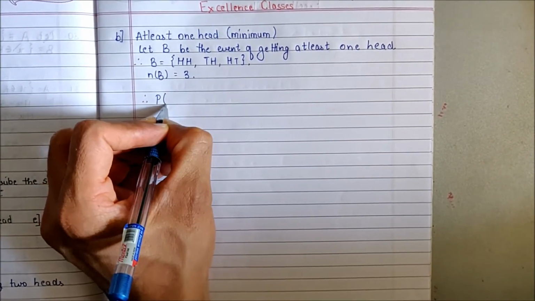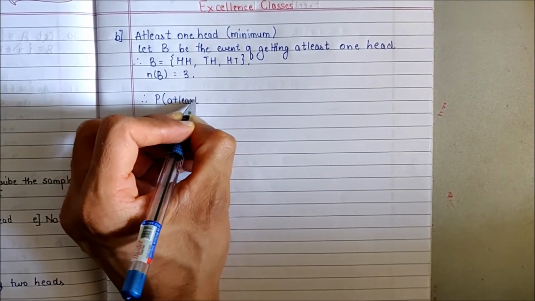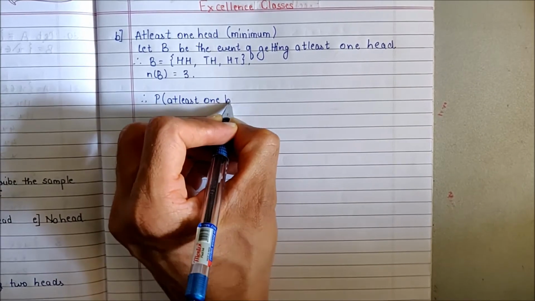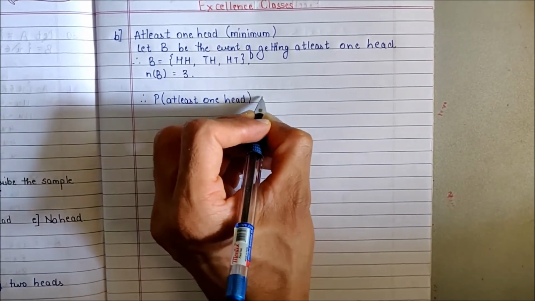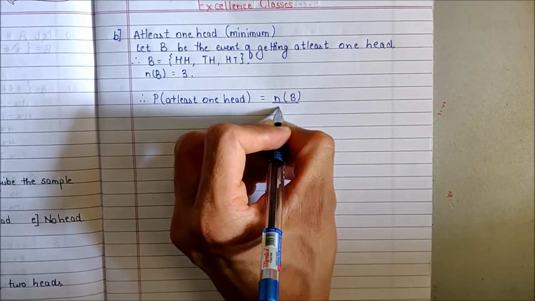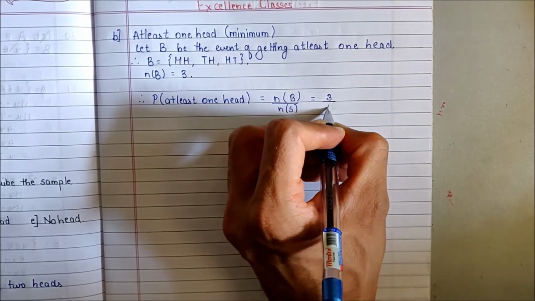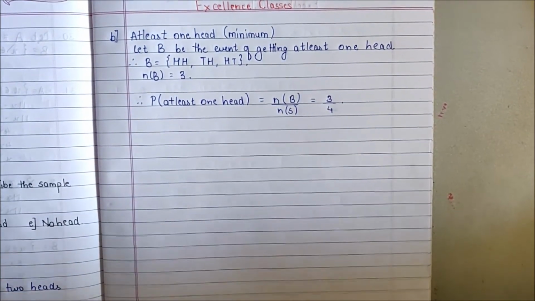Therefore probability of getting at least one head is equal to N of B upon N of S. N of B is 3, N of S is 4.